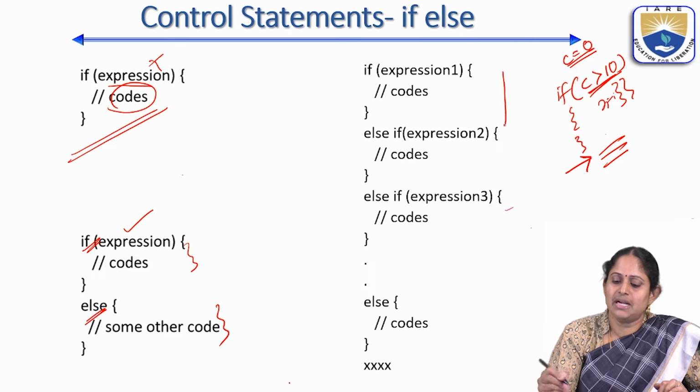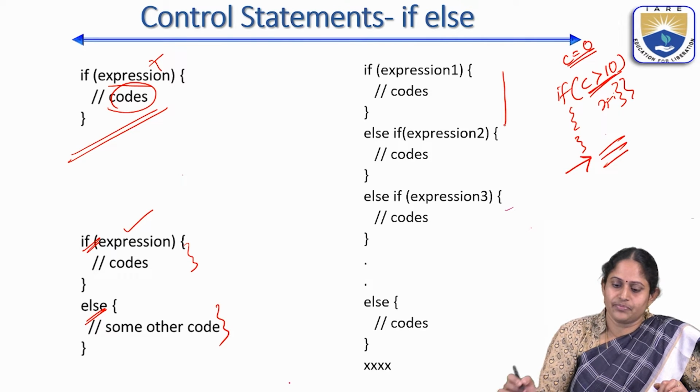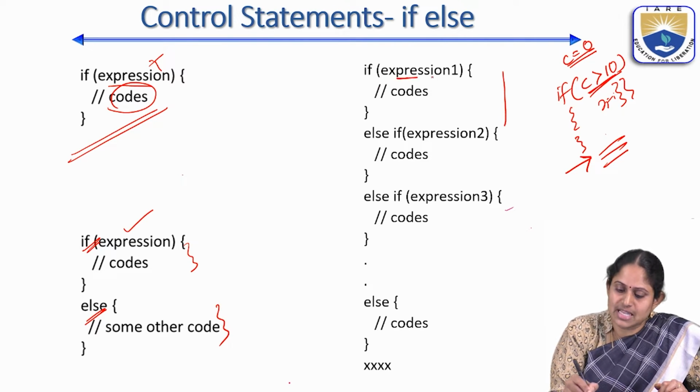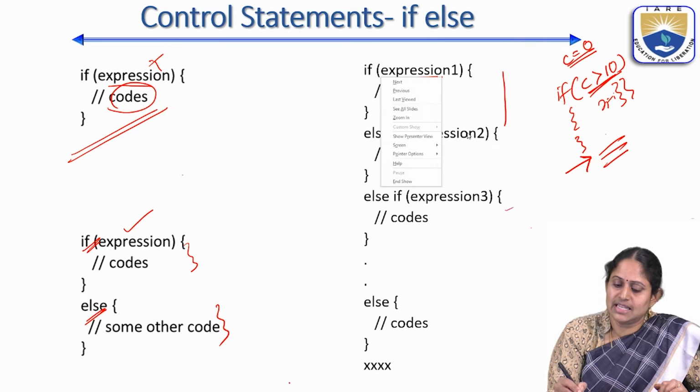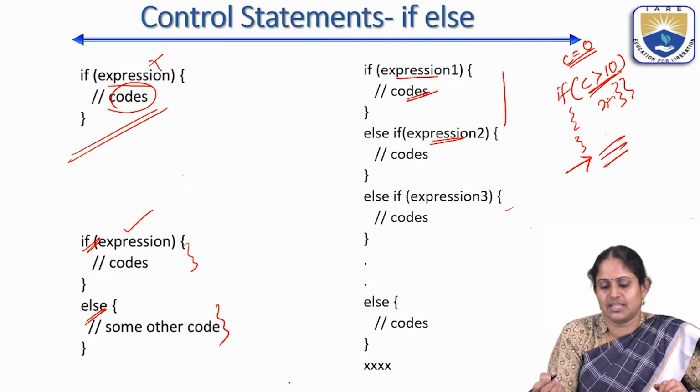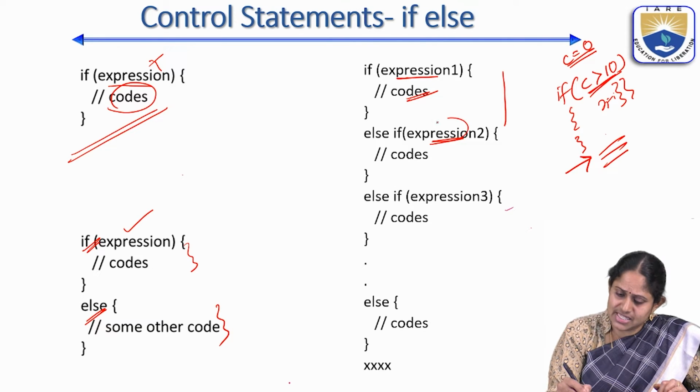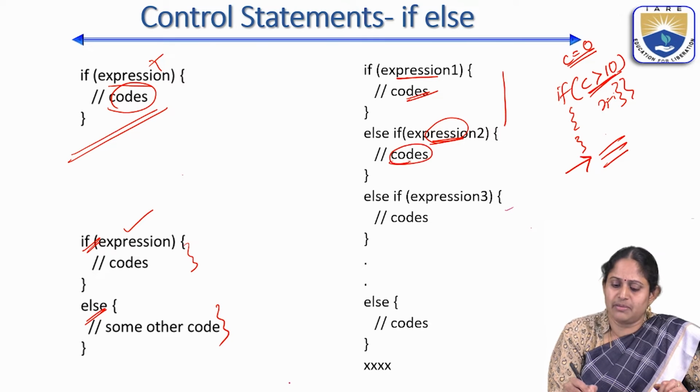Now this is a multi if else ladder. If this expression is true, these statements will be executed. If it is false, then it will check the next expression. If that is true, this part will be executed, or else again it will skip this part and come to the next point, where it checks again whether it is true or not.